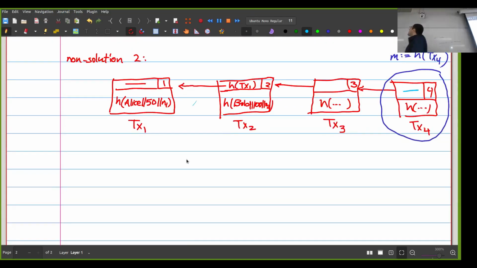So how do we make this better? Let's forget about the hashes and let's just look at the data structure. What are we doing? This message M that I'm giving to the London branch is basically a pointer to the last transaction, right? Because we talked about this, hashes are pointers.